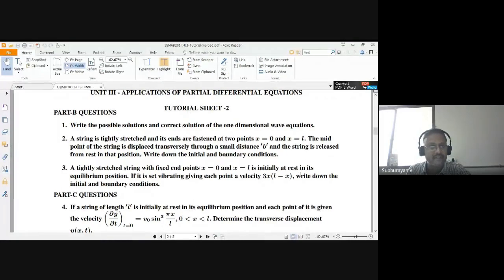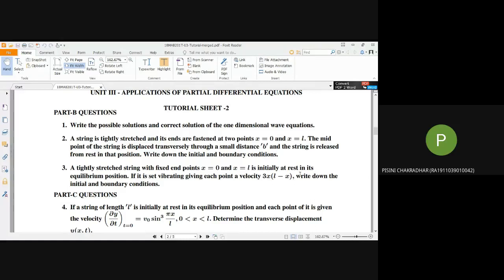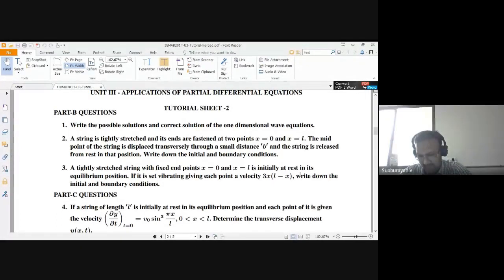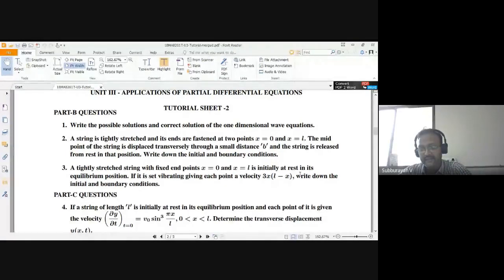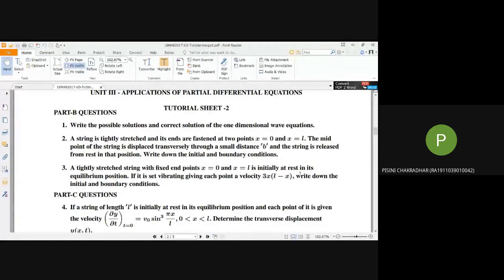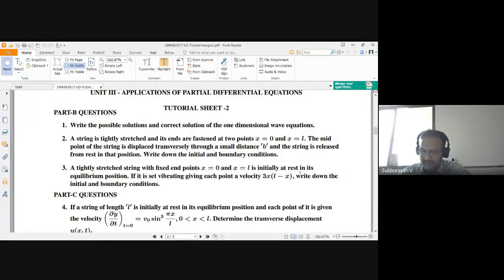Can you please list? A cos lambda x plus B sine lambda x, into C cos lambda ct plus D sine lambda ct. Okay, this is one solution.